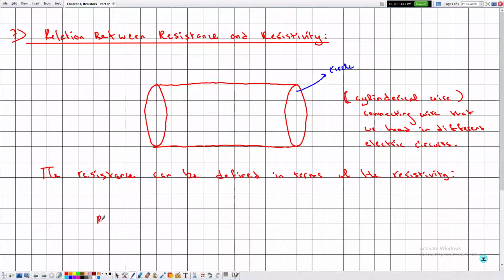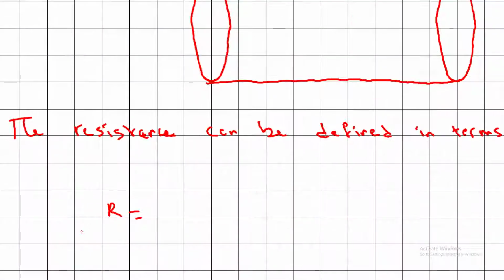So the resistance, which is given by R, is nothing but the resistance, and it relates the voltage and the current for a pure resistor, and it's given by U is equal to R multiplied by I.